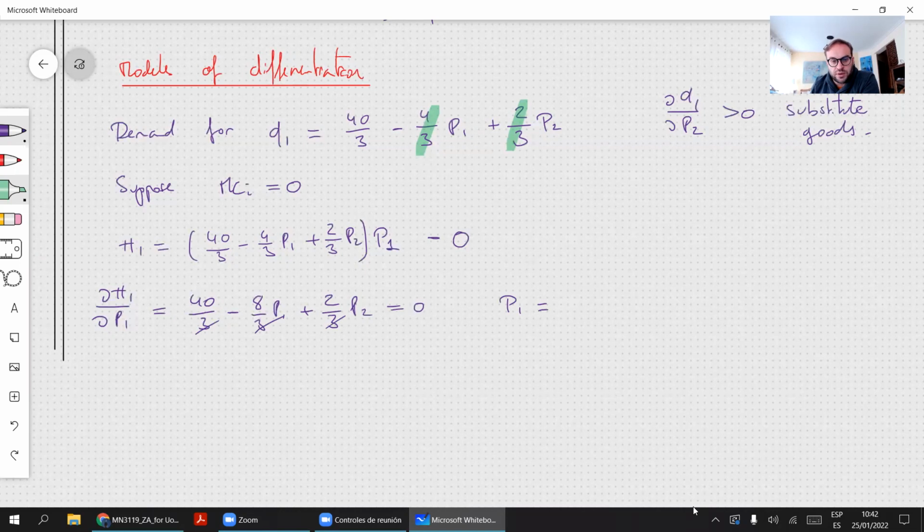I have 40 divided by 8, which is 5. And then I get 2 divided by 8. This is 1/4 of P2.